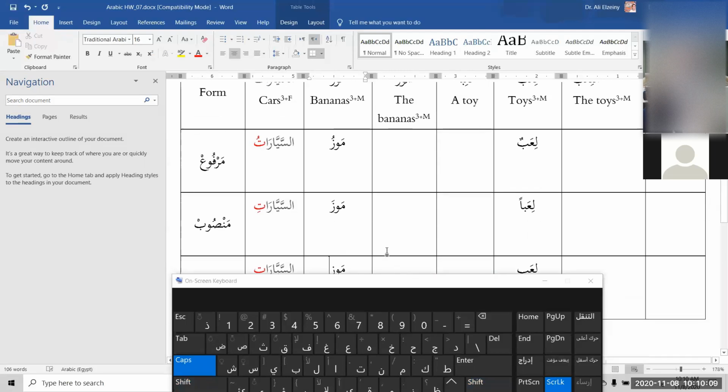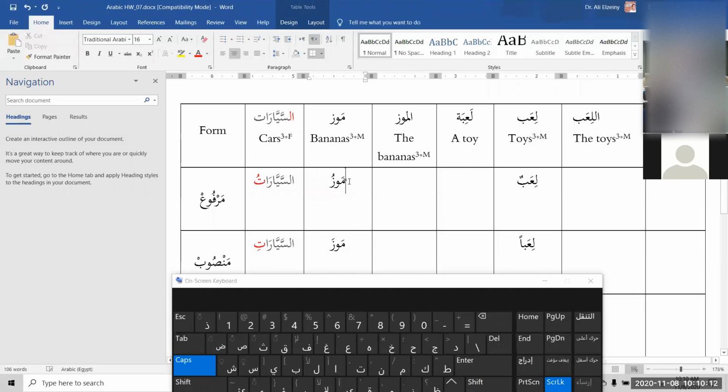Now the question is, can we have tanween? Yes. Why? Because sarf is allowed and there is no alif lam. Therefore, instead of mawzu, I'm going to make it mawzun. And instead of mawza, I add the alif and then tanween fatha.